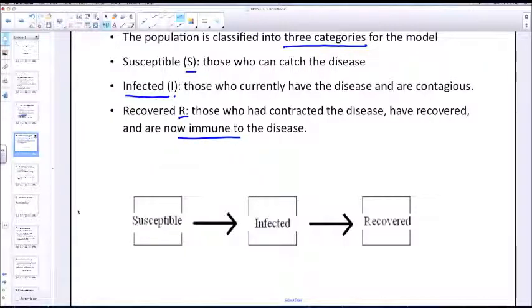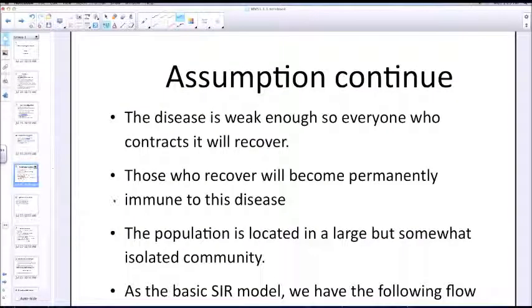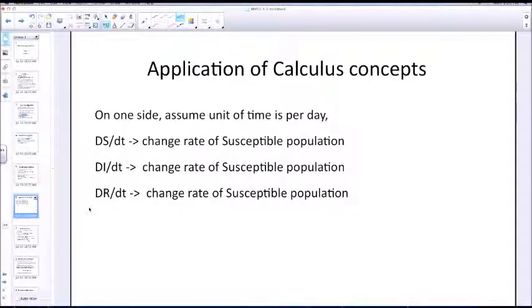Then you have 3 stocks, if you remember how we use Stella to model the problem. We have 3 variables. S stands for susceptible, I for infected, and R for recovered.